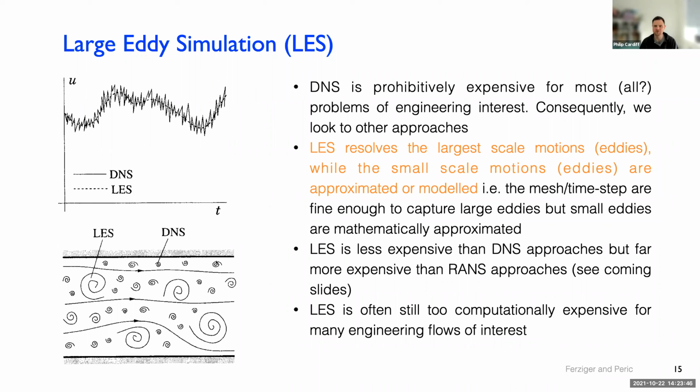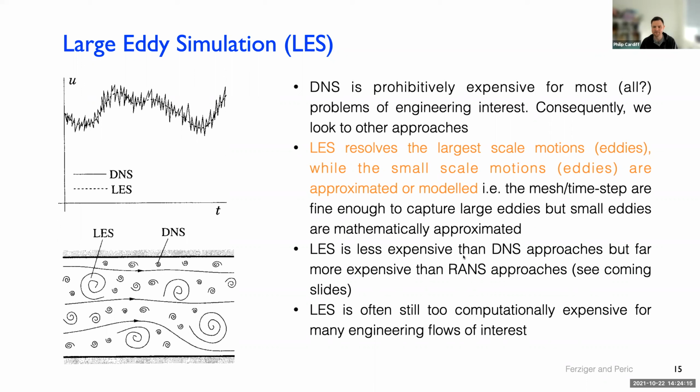All of them are captured by a DNS, but LES will only have a mesh that's fine enough to capture the bigger ones, and a time step that's small enough to capture the rotation of the big ones. At some point, when those larger ones break up into smaller ones, the mesh won't be fine enough anymore, but we add terms to the momentum equation, so-called LES modeling terms, that approximate the effect of these smaller eddies.